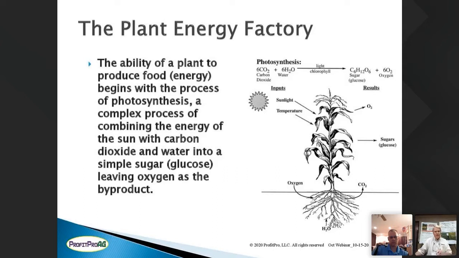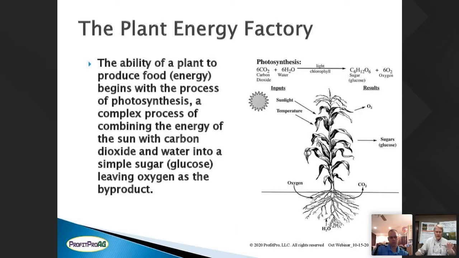Now, here's the key. You notice right here, we've got CO2 coming off. We're going to talk a little bit later about the fact that as we get more glucose down in there, either from the crop residue cycling into the soil or from the exudates out of the root, the more CO2 is going to come off the soil during the growing season that the plant can trap on the lower side of the leaf.